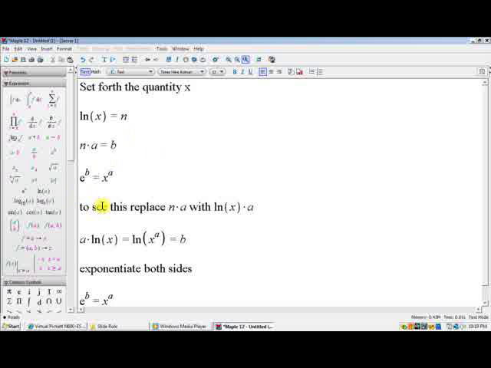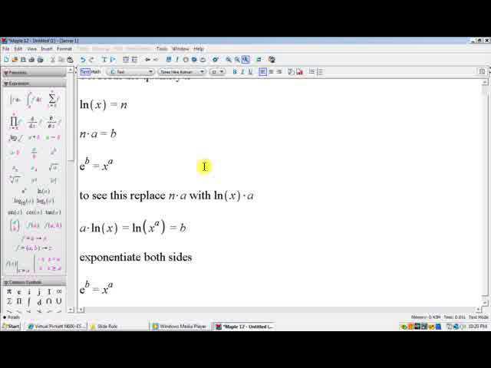Well, in order to see this, what you do is you replace n times a with natural log of x times a, right? Since natural log of x is equal to n, we just make a little substitution in there. So a times the natural log of x.